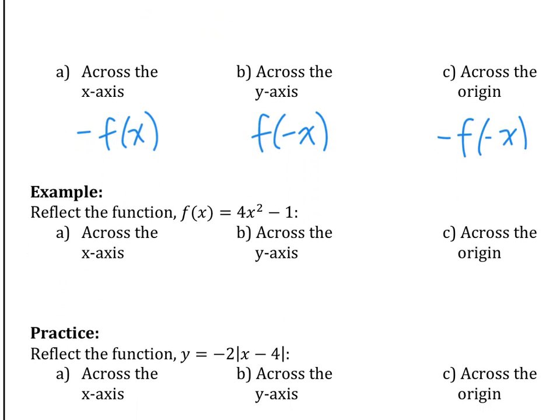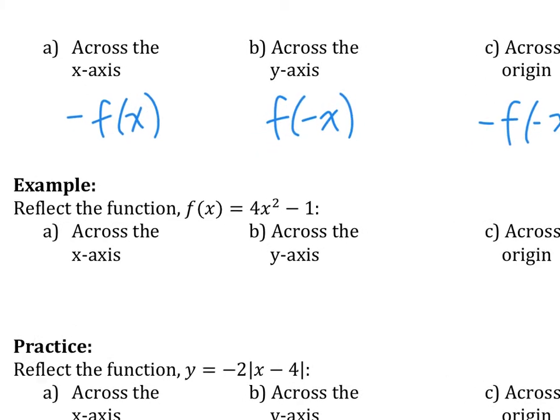All right, so we're going to take the function 4x squared minus 1. We're going to reflect it across the x-axis, across the y-axis, and across the origin. When we reflect it across the x-axis, where is the negative? Outside.